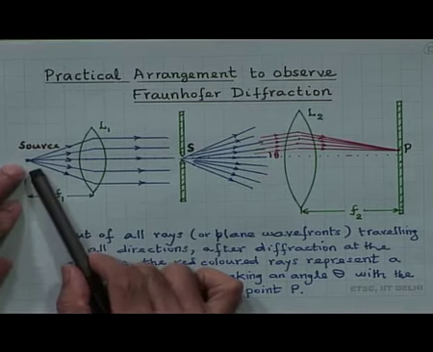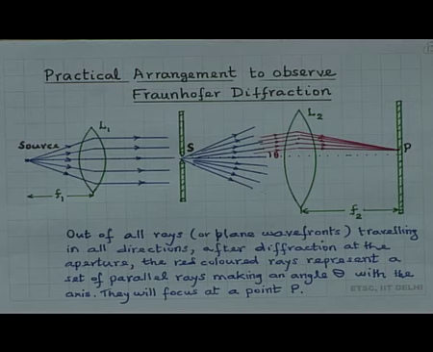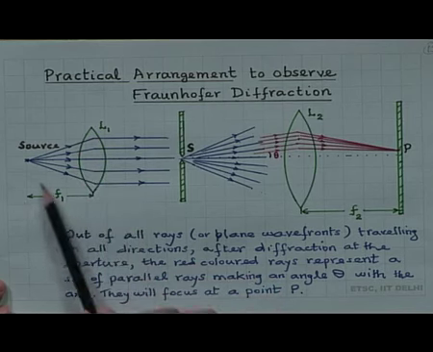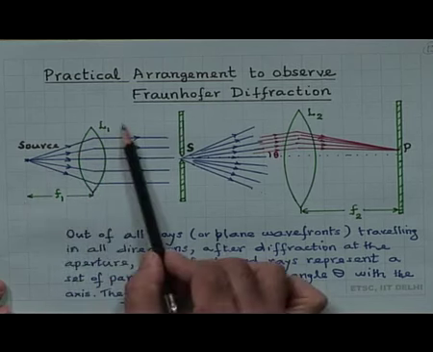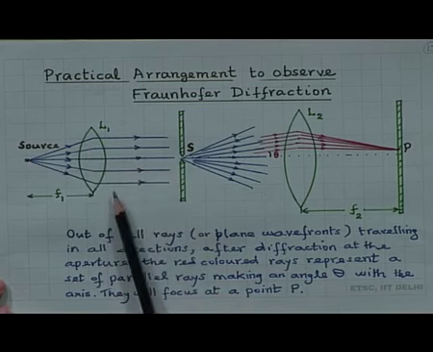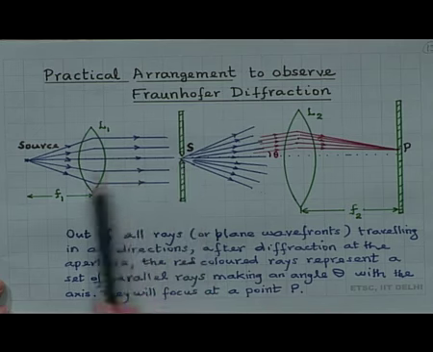The source, if we take a point source and place it at the focal plane of a lens, then the rays coming from the source will be rendered parallel. In effect, the rays which reach the slit here or the aperture here are parallel rays.